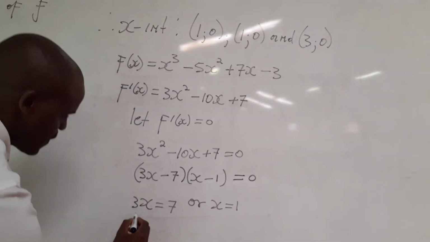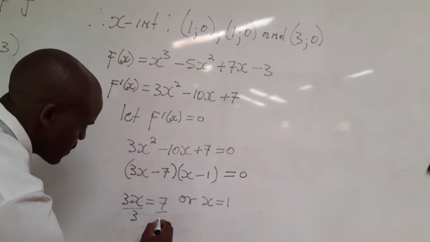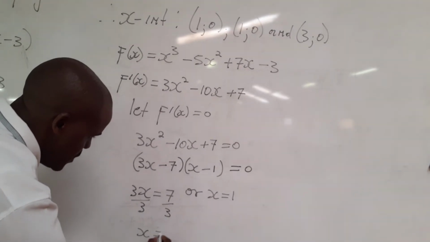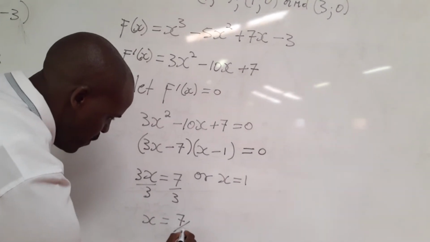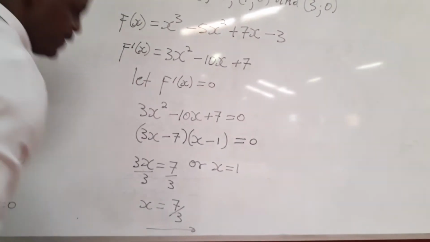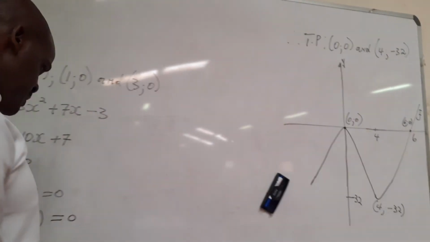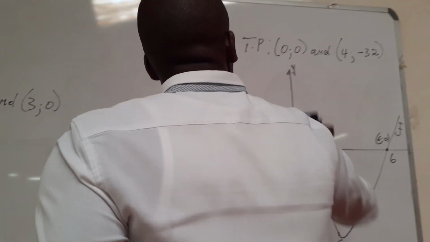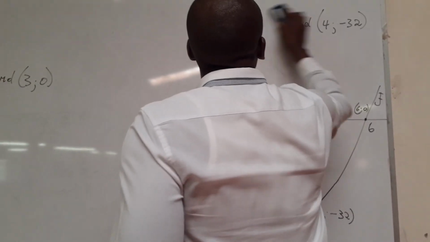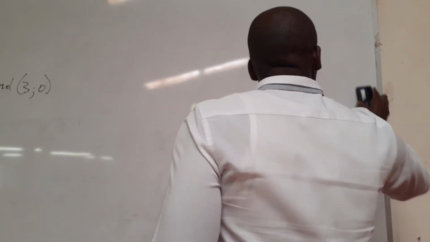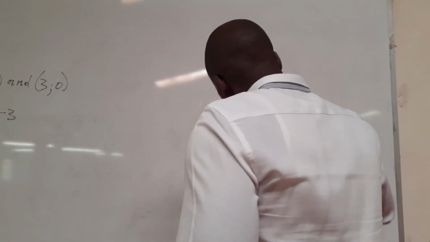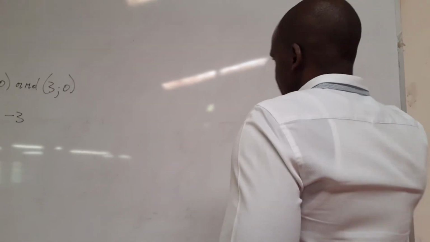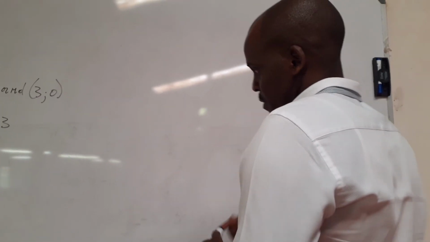Let's divide there. X will be equal to 7 over 3. And then now, these are the values of x.